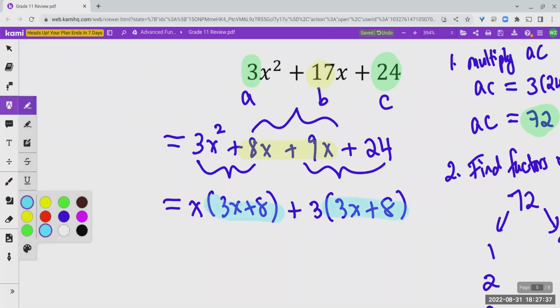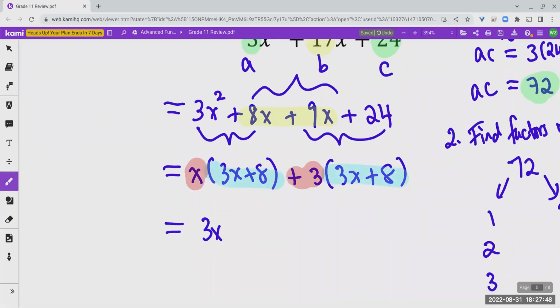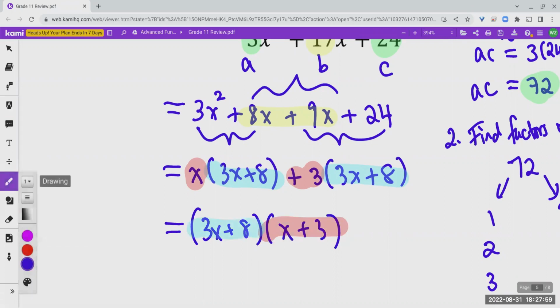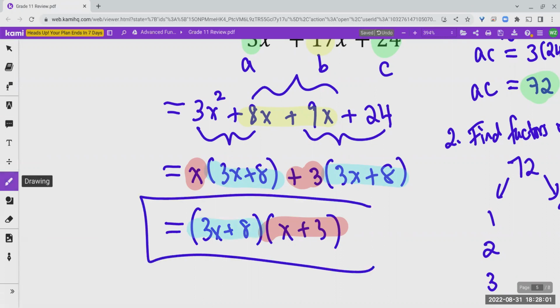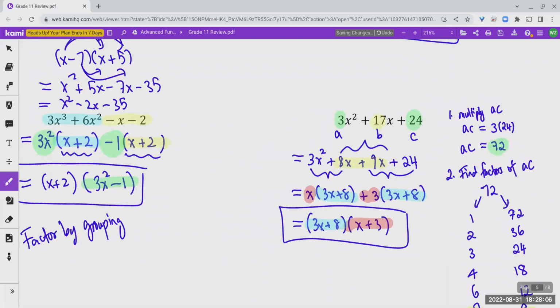Same thing. 3x plus 8, 3x plus 8, right? And then you're left with x and plus 3. Again, this is not a coincidence. You can factor out 3x plus 8 now, and you will be left with x plus 3. And congratulations, you finally found the answer to this awful question. Okay, that took a while.